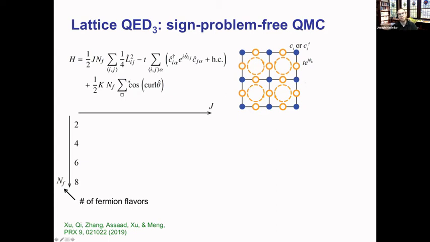So you can think of this as the analog of the B squared term in the Maxwell Hamiltonian. Okay, and so they study the phase diagram of this model at zero temperature as a function of the number of fermion flavors on the lattice, and also the strength of this coupling J here, which you can think of as tuning the strength of the gauge fluctuations in this problem.